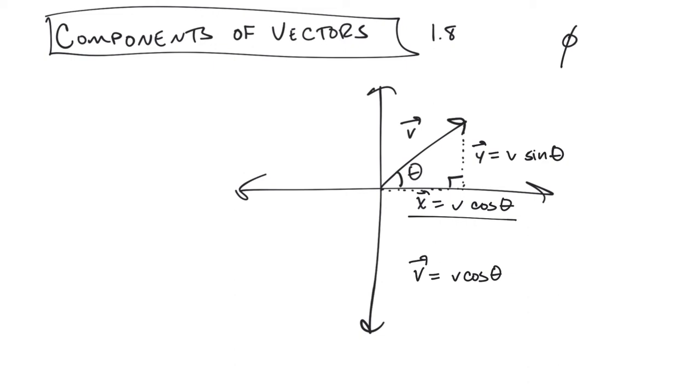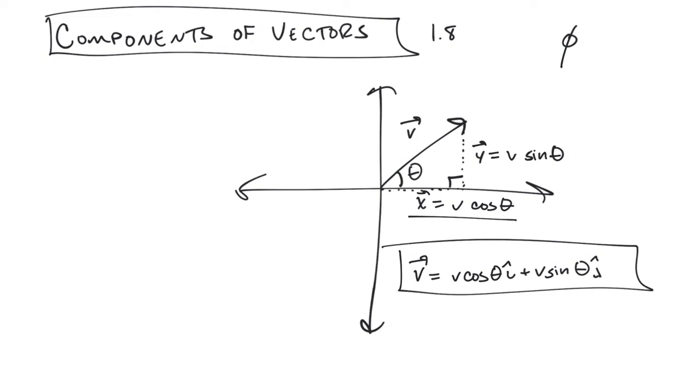That's the magnitude, or the length of that vector. So I'm doing v times cosine theta in the x direction, which we'll notate as i, plus v times sine theta in the y direction, which I'll notate as j. Okay, so this is a generic vector. I could plug in the length for the v and the angle for the theta, and then I would have my actual vector. And all you got to do is find those components using right triangle trig.